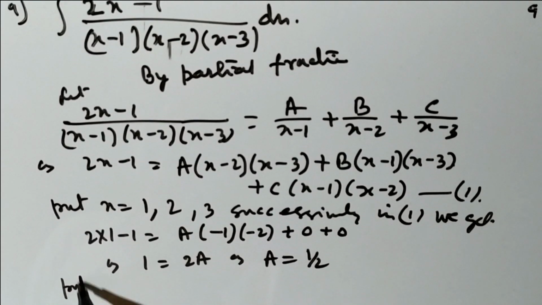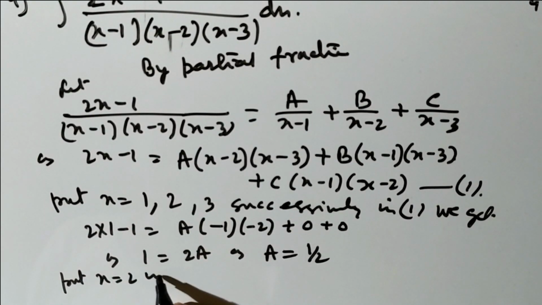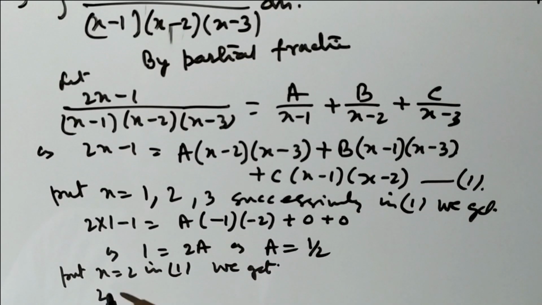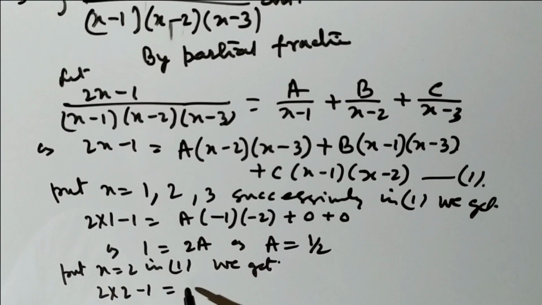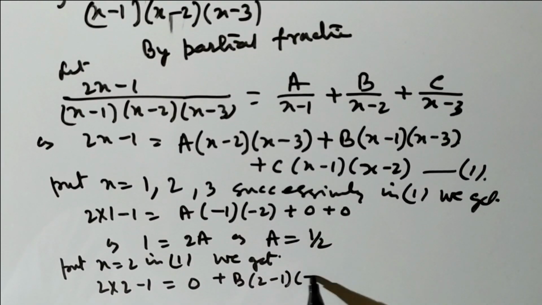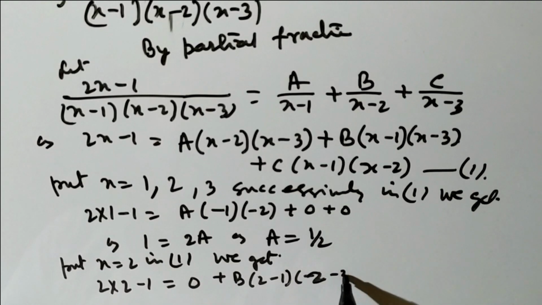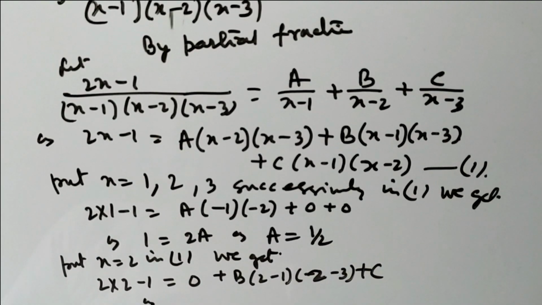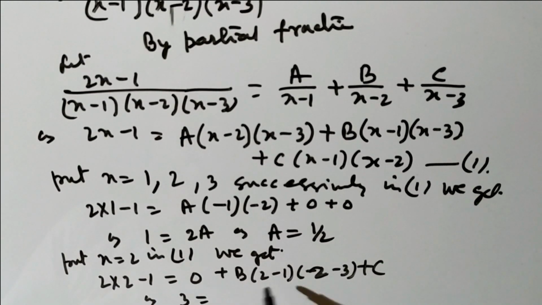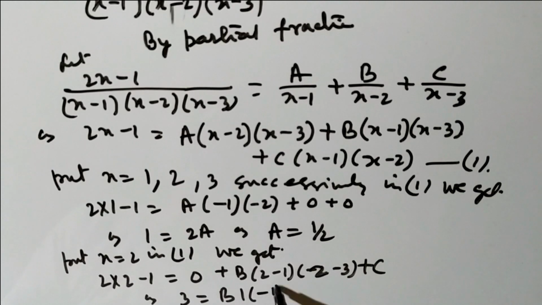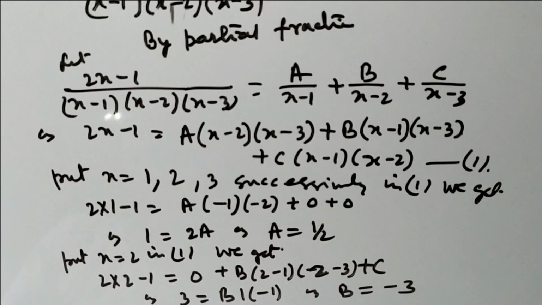Again, put x equal to 2 in 1. We get 2(2)-1 equals 0 plus B(2-1)(2-3) plus 0, or 3 equals B times 1 times -1, or B equals -3.